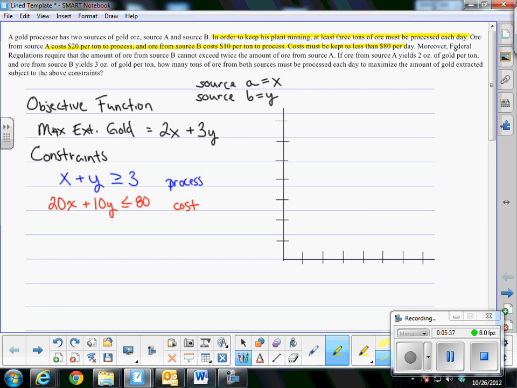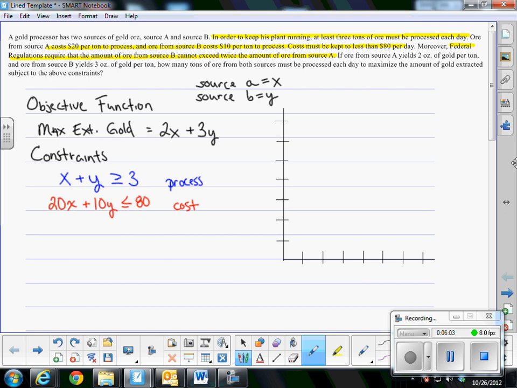Going through it, it says federal regulations require that the amount of ore from source B cannot exceed twice the amount of ore from source A. A lot of times working in mining and stuff like that, there's many regulations. There's water regulations, there's mineral regulations, there are all kinds of stuff, or digging regulations.